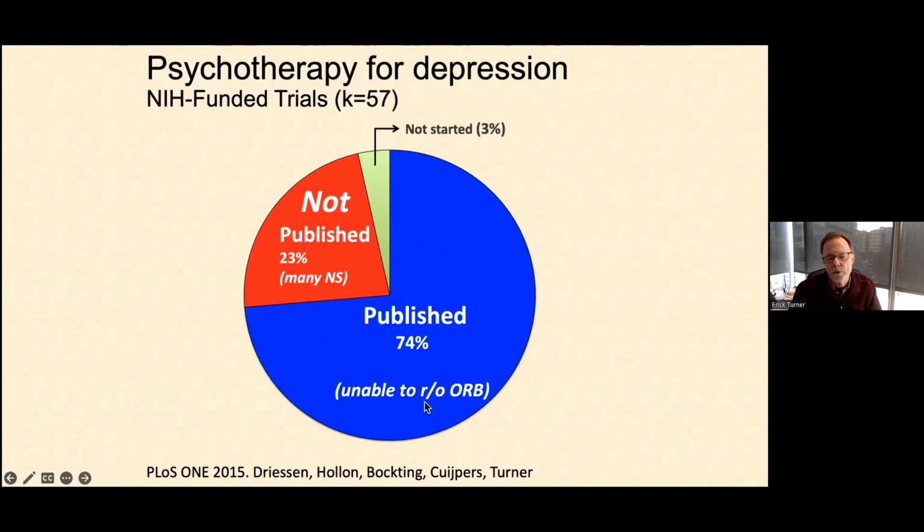So we were unfortunately left to take their word for it that there wasn't any outcome switching or p-hacking, which seems, I guess we'd have to be naive to believe that every one of these trials was truly positive. There's probably some p-hacking going on in there as well. So this is overly optimistic, but suffice it to say that there is publication bias in psychotherapy studies as well.